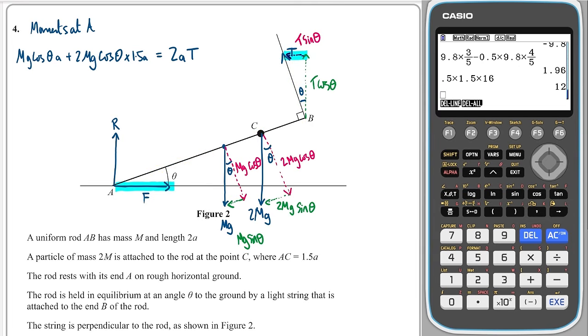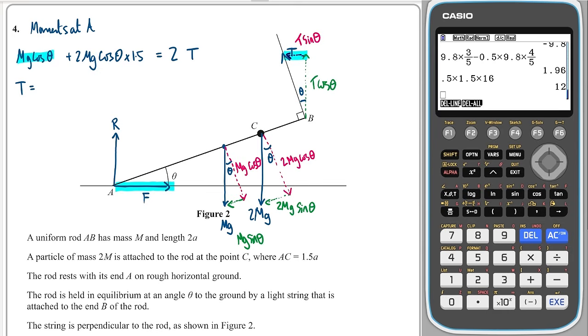I really don't know why they say a, because what's the point? Why don't you just say meters? Because the a's are going to cancel, so let's just divide through by a, get rid of that. It's a waste of everyone's time. So T is equal to, well, we can collect up terms here.